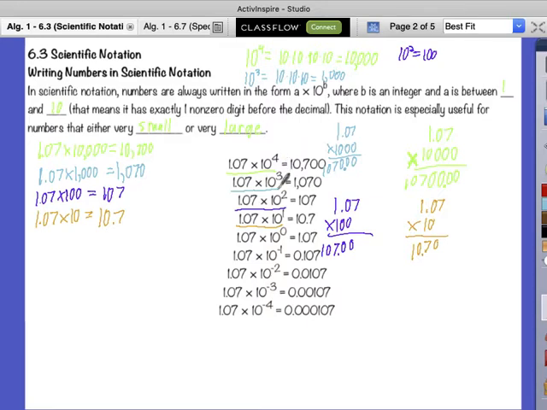The blue, 10 to the 3rd? 3. 10 to the 2nd in purple? 2. 10 to the 1st in orange? 1. Are we noticing a pattern? So what does this exponent tell us? How far we move the decimal. Here you moved it 1 spot, 2 spots, 3 spots, 4 spots, right? That tells us how much we move the decimal.